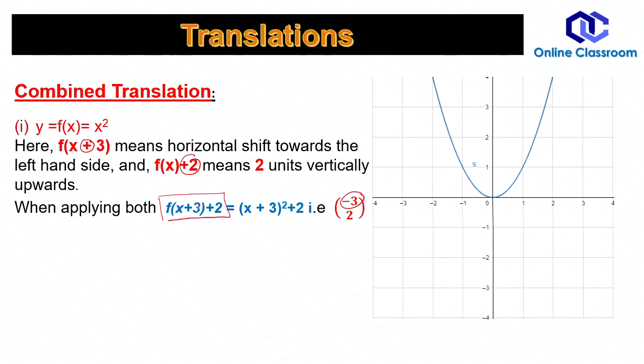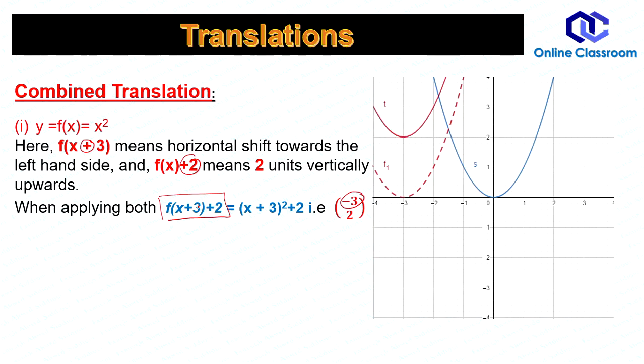See the steps, please. First moving towards left by minus 3, then moving upwards by 2. And you see the turning point here. I'm sure all of you have done the chapter of quadratics. Turning point here is (minus 3, 2), and see here the same turning point (minus 3, 2). You should know how to write the stationary point or turning point coordinates in case of quadratics.